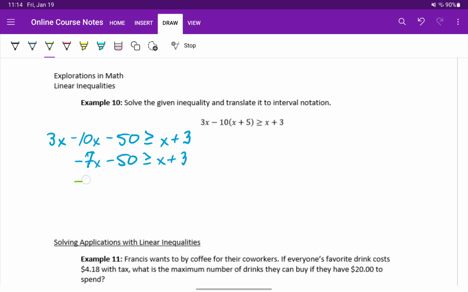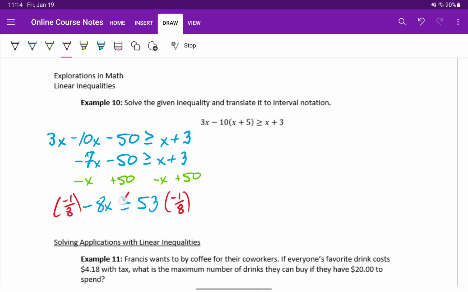Now we can subtract x from both sides and add 50 to both sides, leaving us with -8x is greater than or equal to 53. Our last step will be to multiply both sides by -1/8.